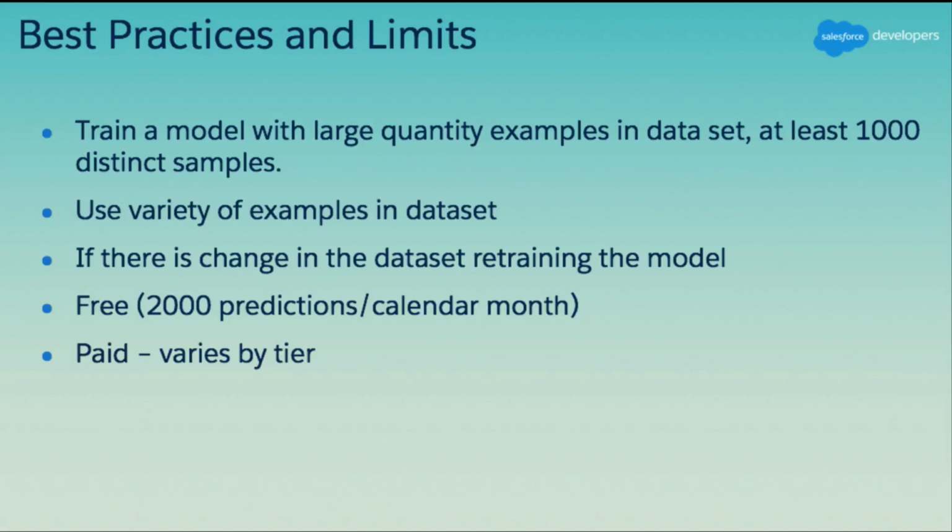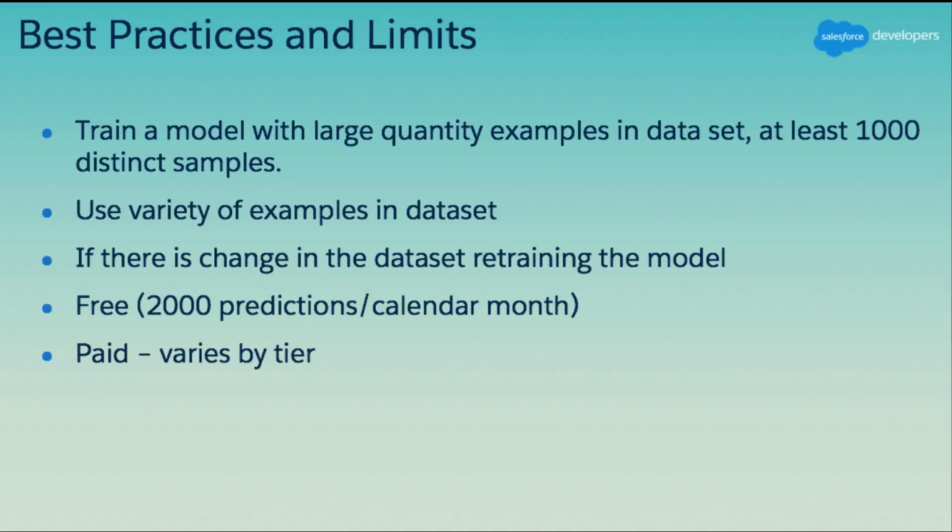The key, I would say, is your data set, right? So if you are training a model with a really good quantity of examples in your data set, then it's going to give you a model which is able to predict with more accuracy, right? So typically it is recommended to have at least 1,000 distinct examples.